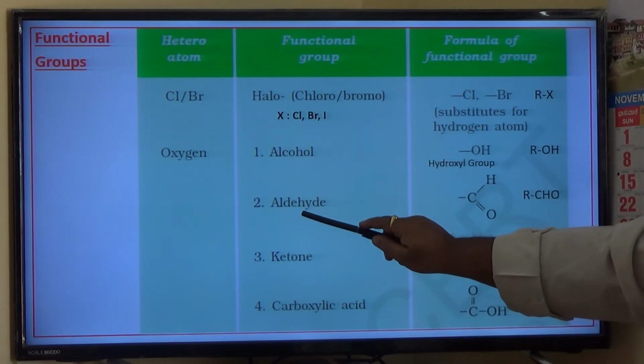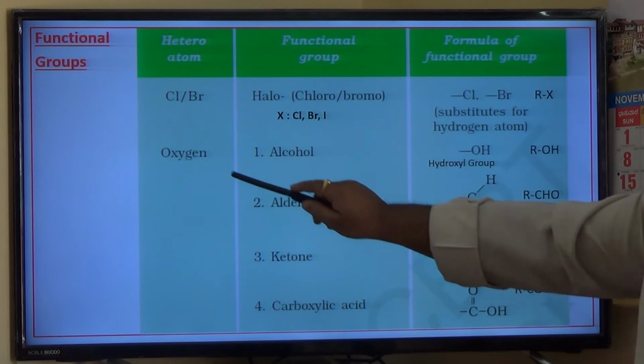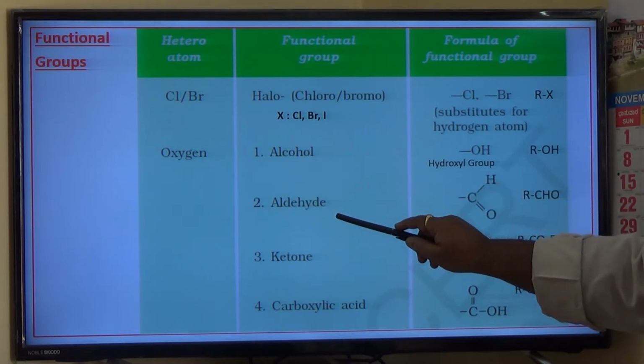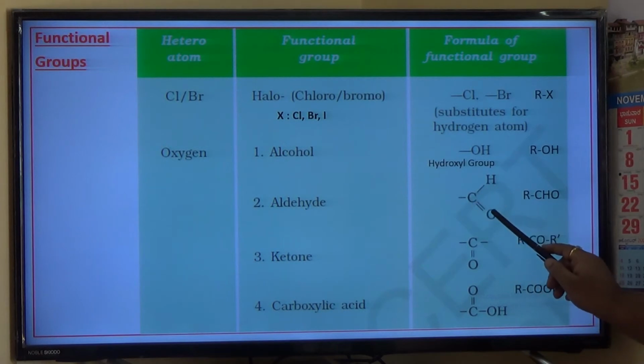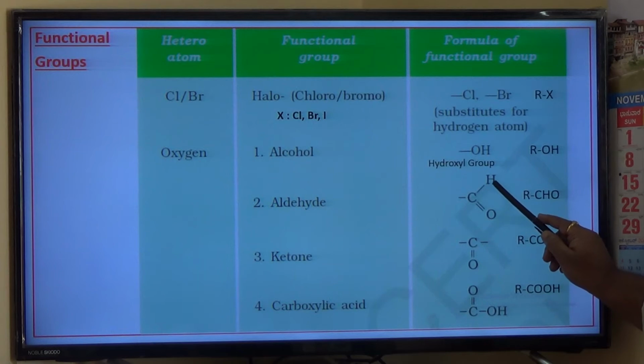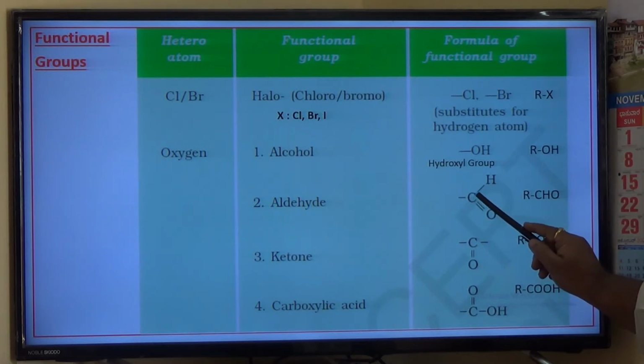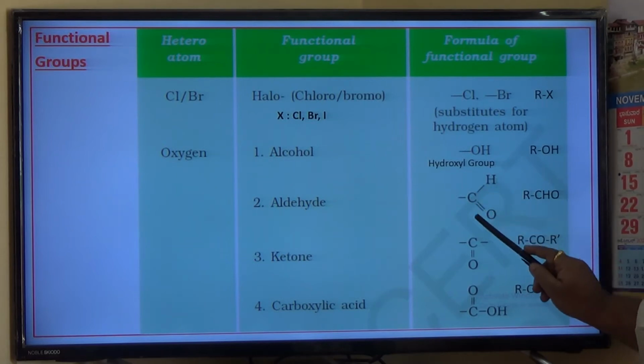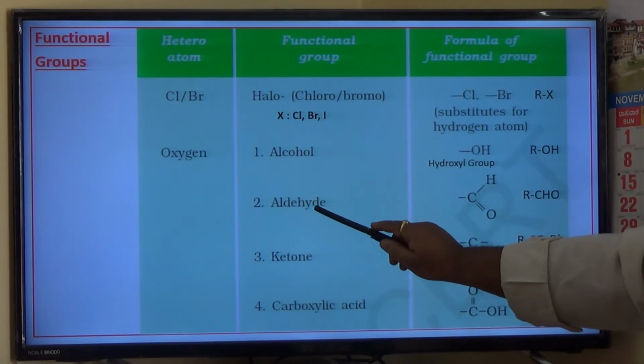Next comes the functional group aldehyde. The heteroatom is oxygen, but how is the oxygen attached to the carbon atom? It is attached in this form: carbon, double bond oxygen, single bond hydrogen. This is nothing but CHO. The CHO is a functional group called aldehyde.